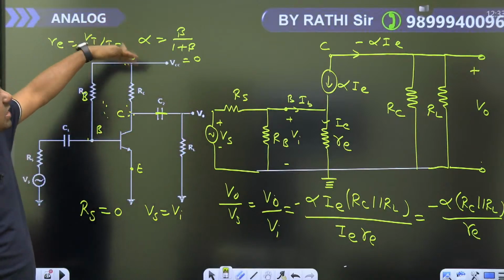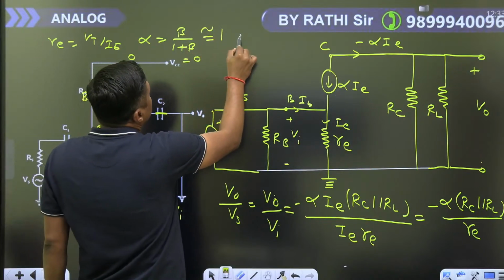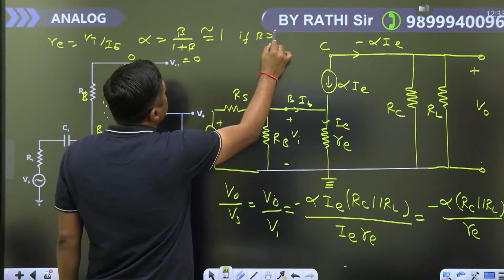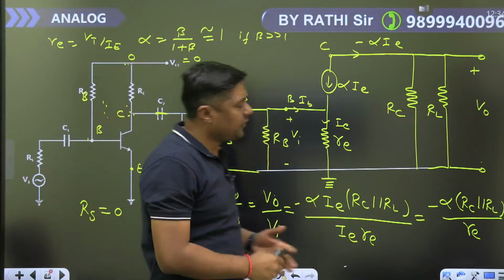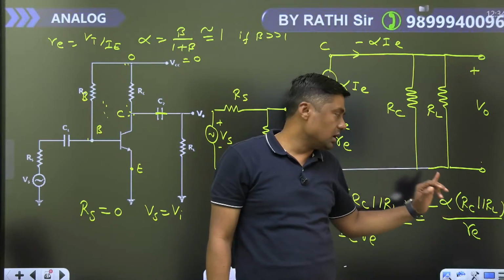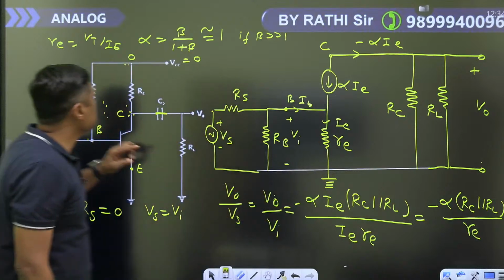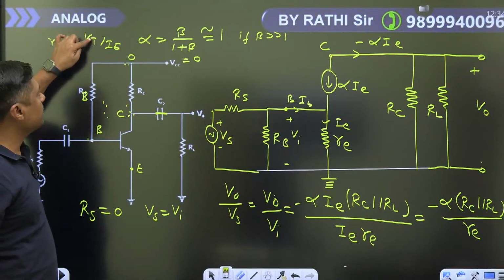If the beta is very, very large, you can say alpha is nearly equal to 1. So you can take alpha equal to 1. RC parallel with RL upon small Re. Or Re is what? Vt upon I, volt equivalent of temperature upon emitter current.